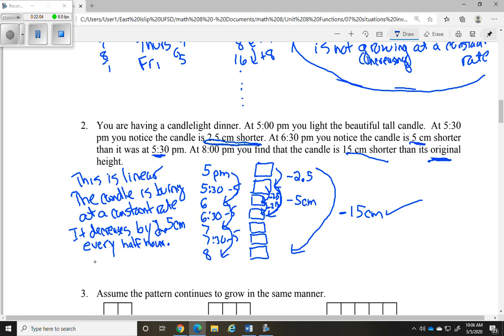Or we could even say it decreases five centimeters per hour. But definitely linear, constant burning.